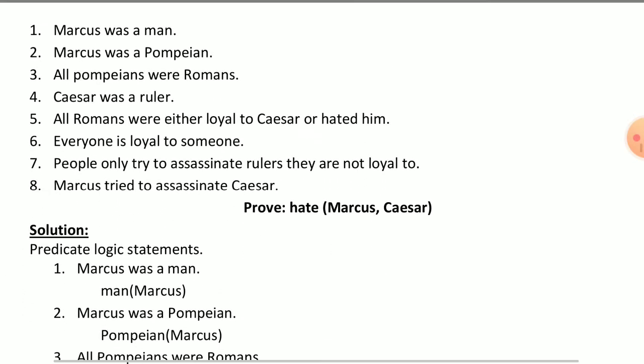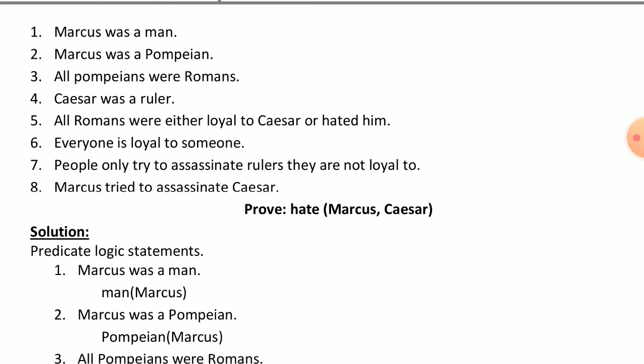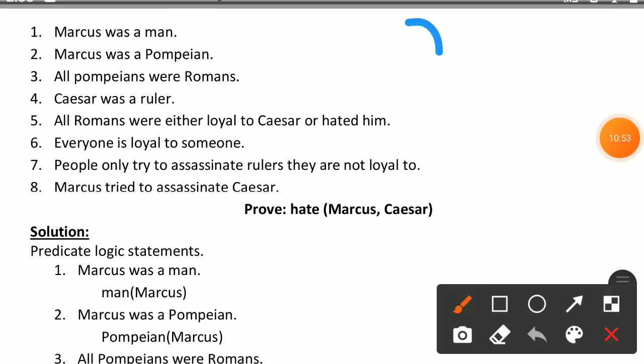So first we take the basic sentences. These 8 sentences I explained in the above topics. So here we consider 8 different sentences.